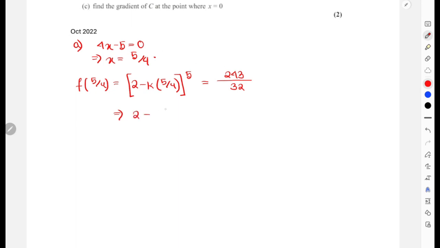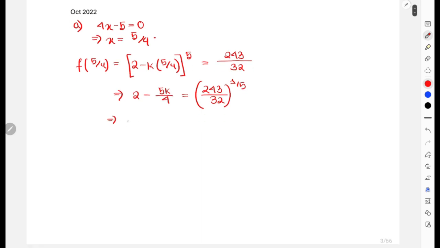So it will be 2 minus 5k by 4 equals 243 over 32 with a power of 1 by 5. And later on, I'll just have to make k the subject. So it will be 5k over 4 equals 2 minus 243 over 32 with a power of 1 by 5.